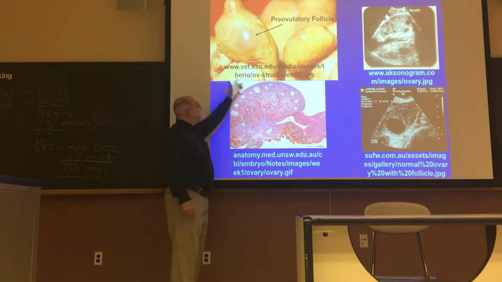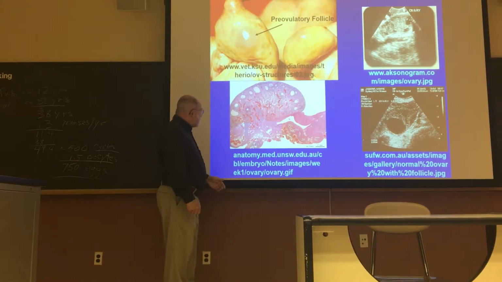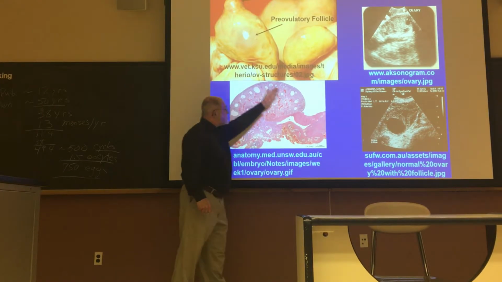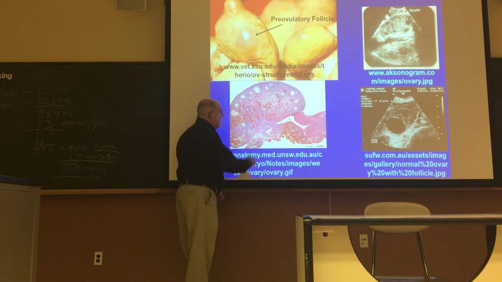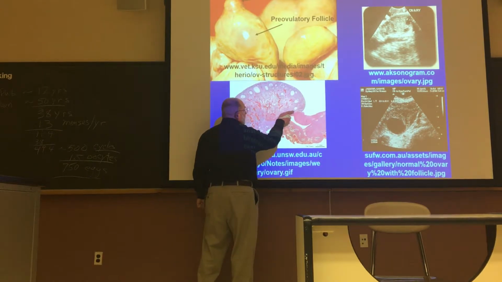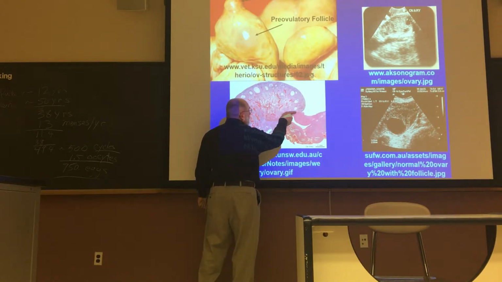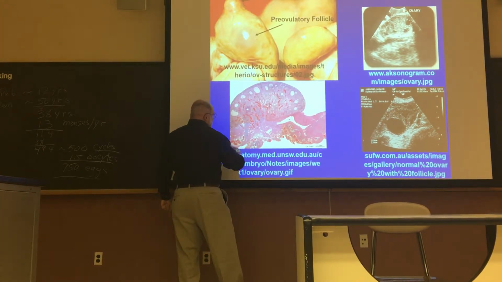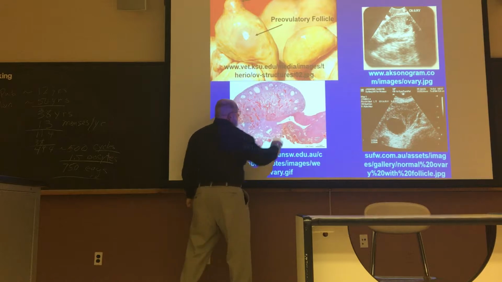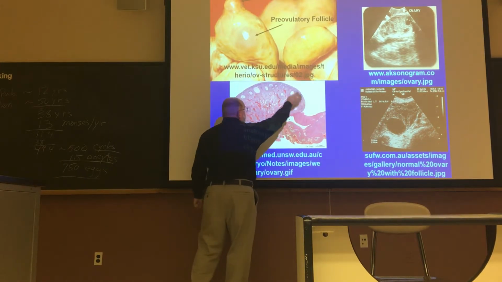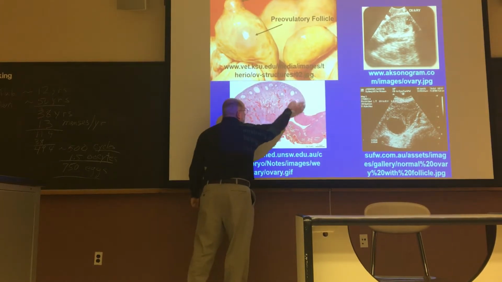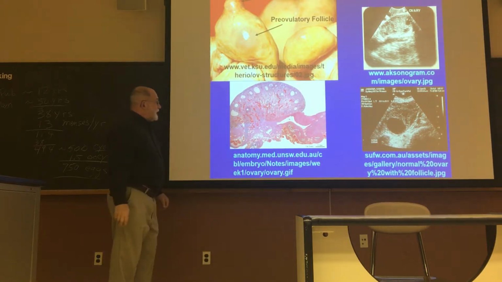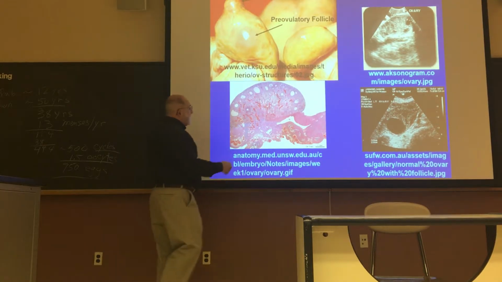If you cut these through, or section through them, what you're going to see is this structure. One of the things to note is that most of the follicle growth is actually occurring right under the shell or the outer rim of the ovary. It's the cortex. That's where the oocytes and the follicles are going to be located.